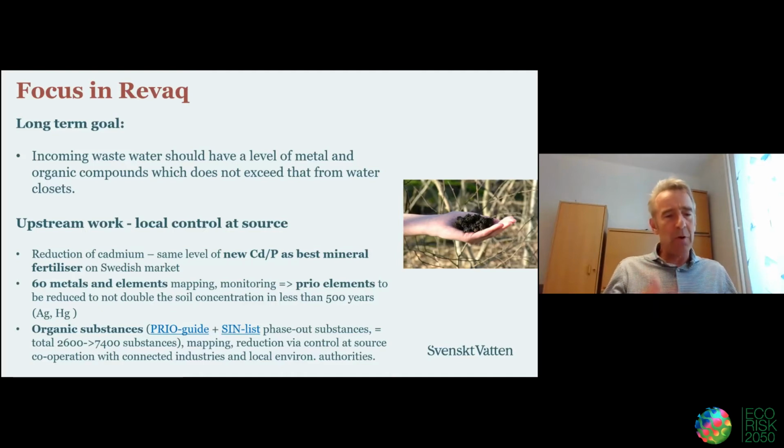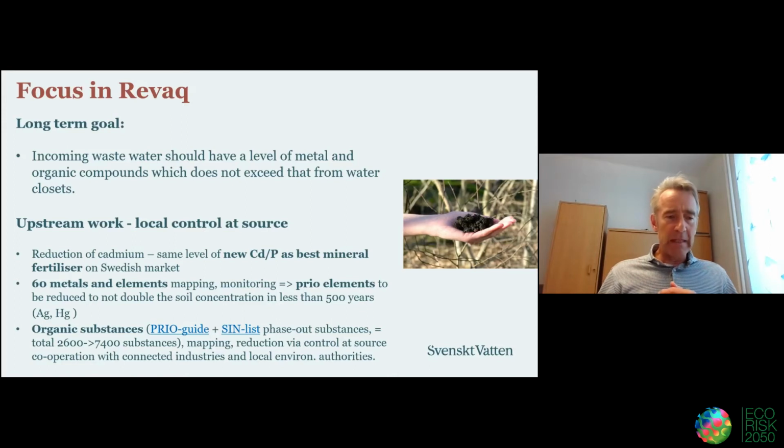The ones which we have problems with now are mercury and even more silver from antibacterial sportswear using antibacterial silver. And then, of course, organic substances. There we do not measure them all, but here we put the main emphasis on all industries connected to a municipal plant and a Reebok plant.